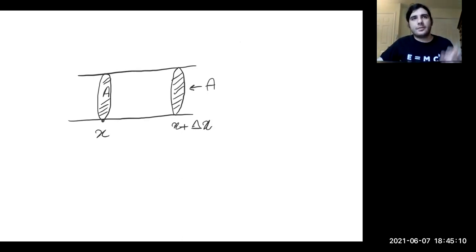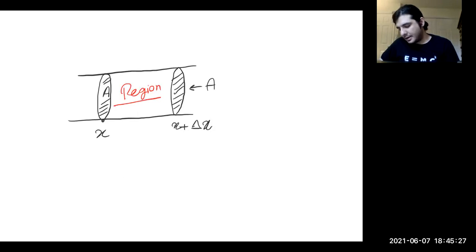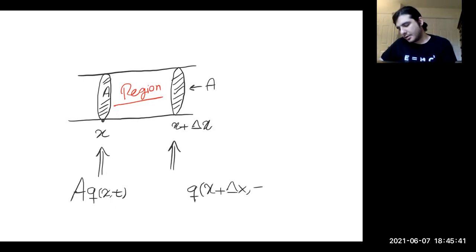So the amount of heat which is going to come inside this region and the amount of heat which goes out of this region is related to these points. So this is our region. And here the heat flow would be Q of X and T times A. The heat flow here would be Q of X plus delta X and T also times A. If the quantity at X is positive, it means the heat is coming inside our region.